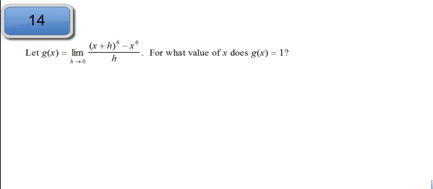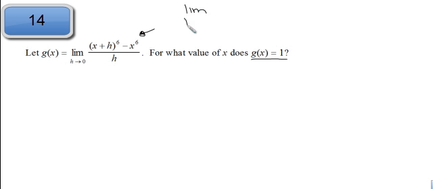For number 15, it says let g of x be the limit as h goes to 0 of this, for the value of x where g of x equals 1. Okay, so this is one of the things that I told you. You have to understand that this is the definition of the limit or the definition of the derivative.